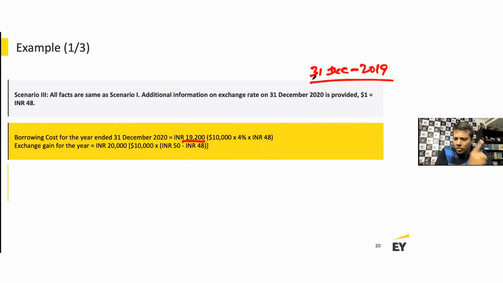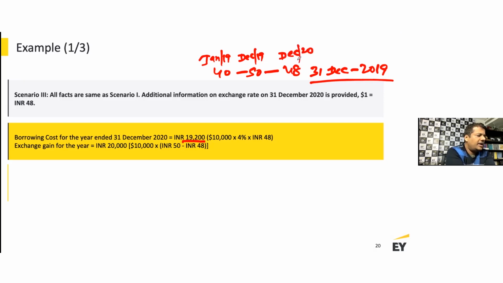The original scenario was 31st December 2019 when the rupee had depreciated from 40 to 50. Now what has happened here? This was at the beginning, which is January 19. Now we get to December 19, and now we are at December 20. So now the rupee has appreciated by 2 rupees.